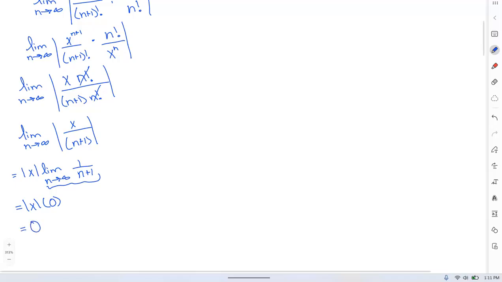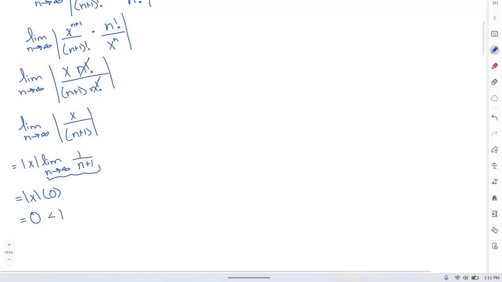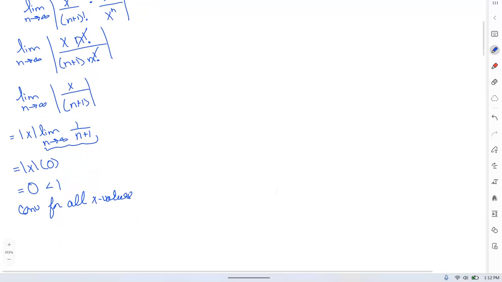0 times anything is 0. And that is always less than 1. So what we can see here is that this is going to converge for all x values. So the interval of convergence is from negative infinity to infinity, and the radius of convergence is infinite because of the distance from the center.